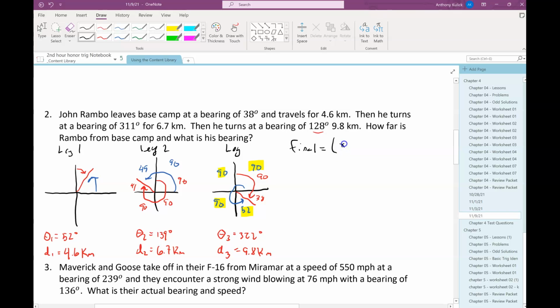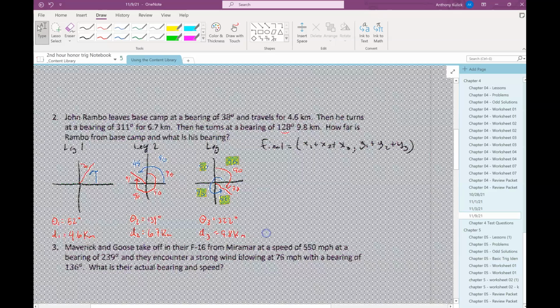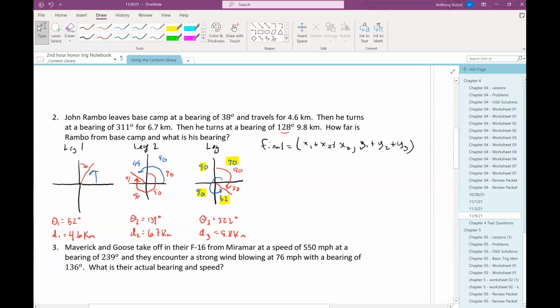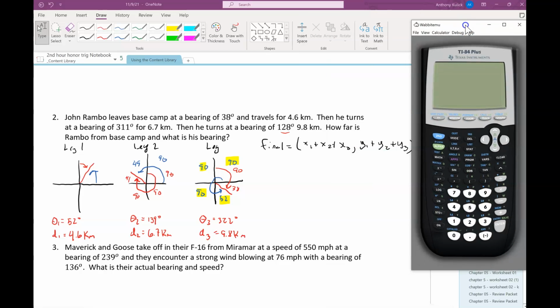is just going to be the sum of the x components for each of those 3 legs, and then the sum of the y components for each of those 3 legs. So I'll go to my calculator. I need to make sure I'm in degree mode because obviously all these angles are measured in degrees.